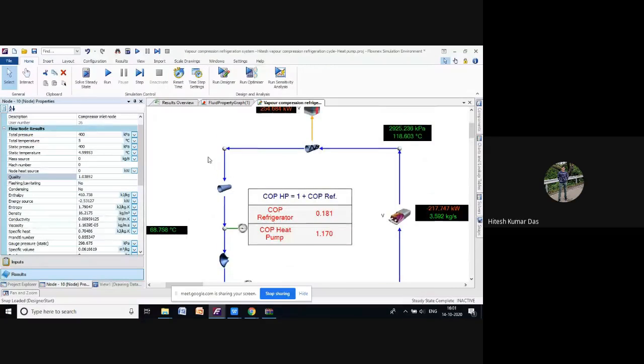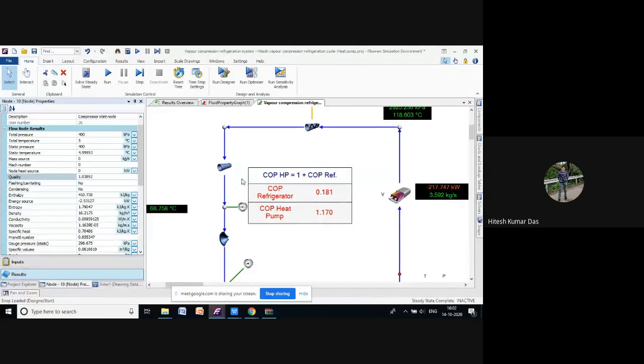And you can see for this cycle also, 3 to 4, which is isenthalpic expansion, where we expand the subcooled liquid at constant enthalpy so that its internal energy as well as temperature is reduced.